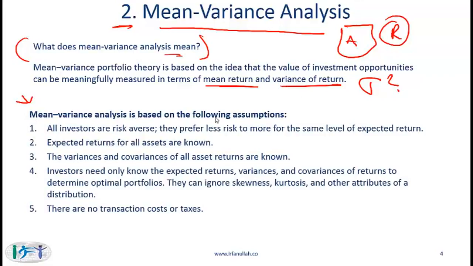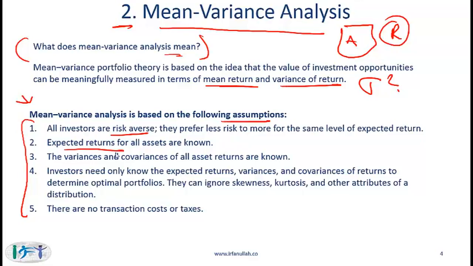You need to learn the assumptions behind mean variance analysis, and these assumptions are fairly straightforward. I'll read them with you and help you memorize them. The first assumption is that all investors are risk averse, which means that they prefer less risk given a certain level of return, and we saw this at Level 1. So assumption 1, investors are risk averse.